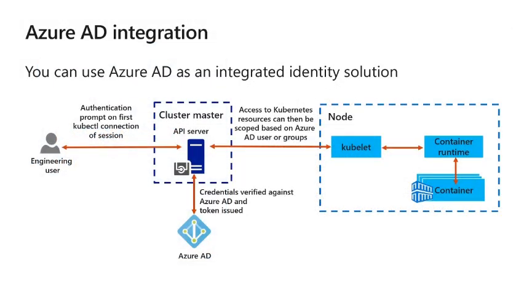Next is Azure Active Directory integration into Kubernetes. You can use Azure Active Directory as an integrated identity solution. As I said, this is for user accounts. The security of an AKS cluster can be enhanced with the integration of Azure Active Directory. Built on decades of enterprise identity management, Azure AD is a multi-tenant cloud-based directory and identity management service that combines core directory services, application access management, and identity protection.